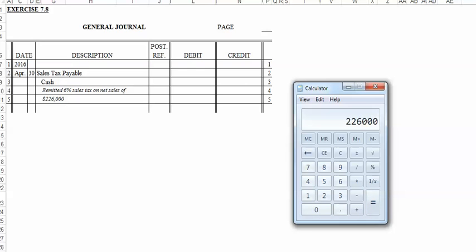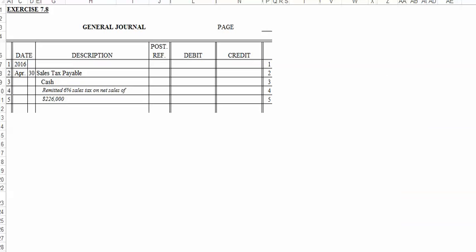And so we have the amount of $226,000 of net sales, and that's the amount that we need to pay taxes on, and we're going to be paying 6% on that. So now multiply that by 6%, and the amount of sales tax that we are going to need to pay is $13,560.